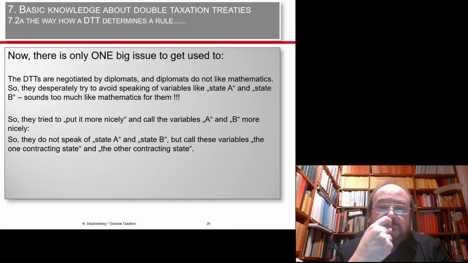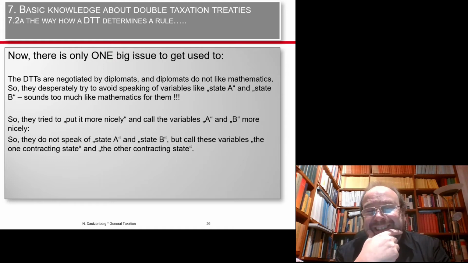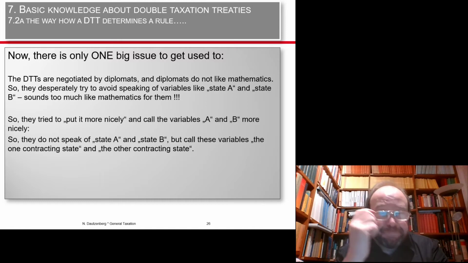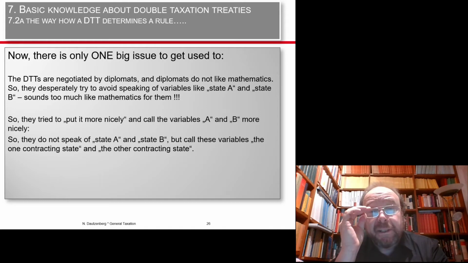Now there is only one big and really evil obstacle. That is that diplomats write these texts, and diplomats hate mathematics. So when these texts were designed, some diplomats said, A and B, that's not nice.